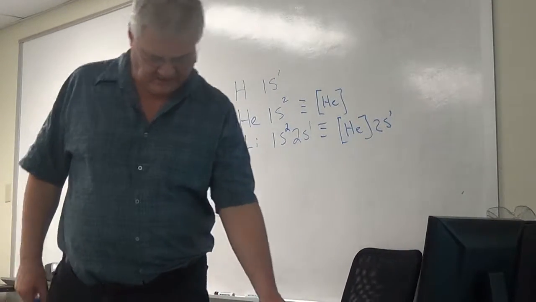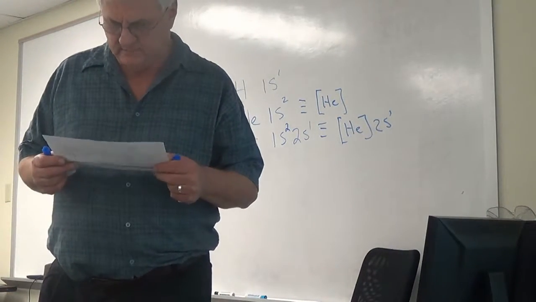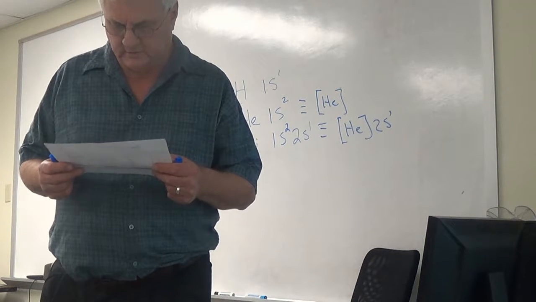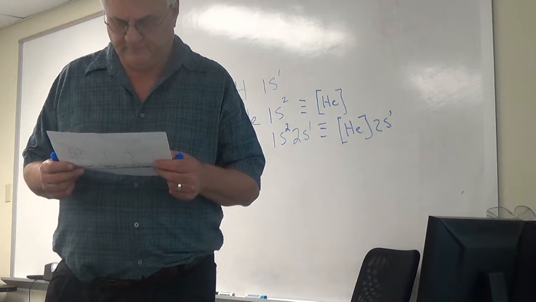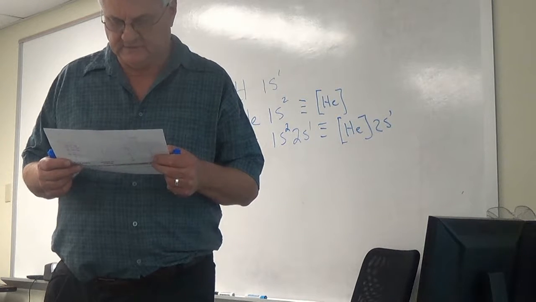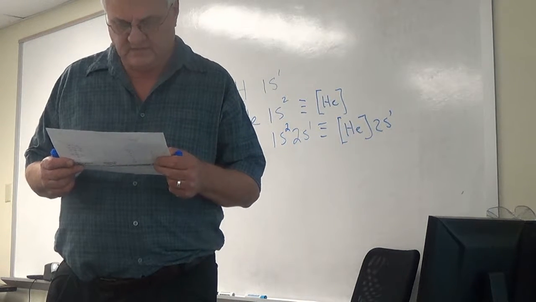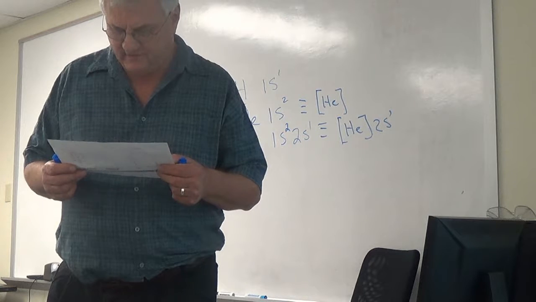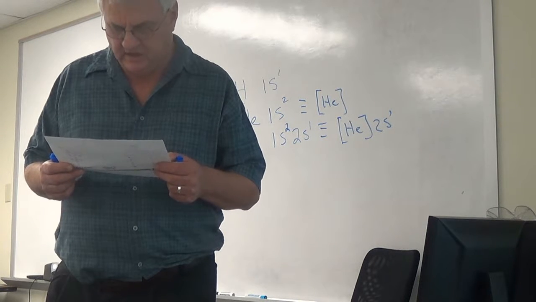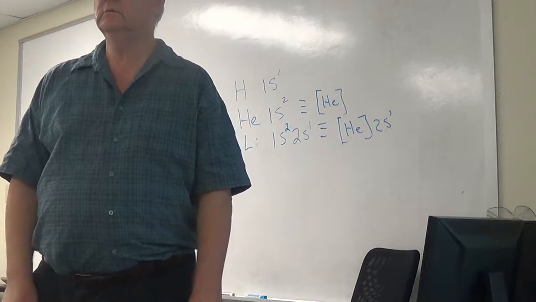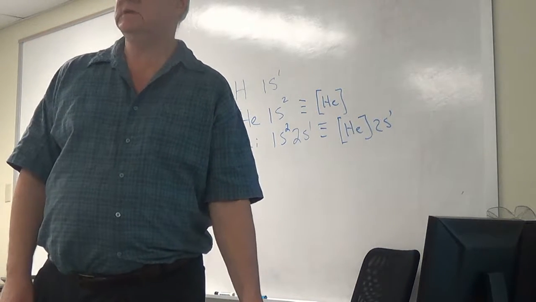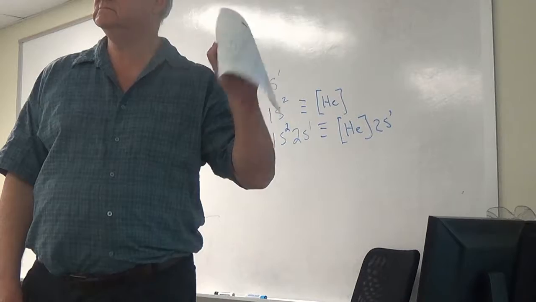If you look at the sheet I gave you, let's find atomic number 55, which is cesium. Instead of writing all 55 electrons, all you have to put is xenon in brackets and 6s1. Okay? See how we saved a lot of ink.